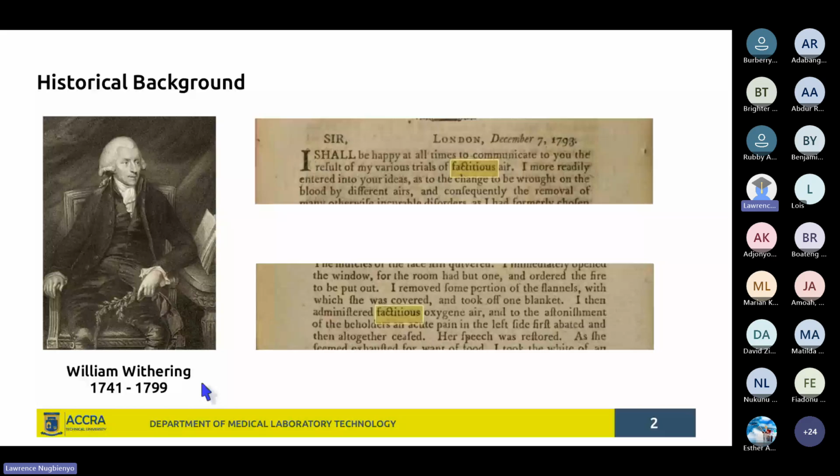Let's just say he was a scientist who has been known for his work on the discovery of the active ingredient of the plant digitalis species, because he himself, as a doctor, was treating some patients with heart conditions, and one of his patients used a herbal product which worked so well for that patient.